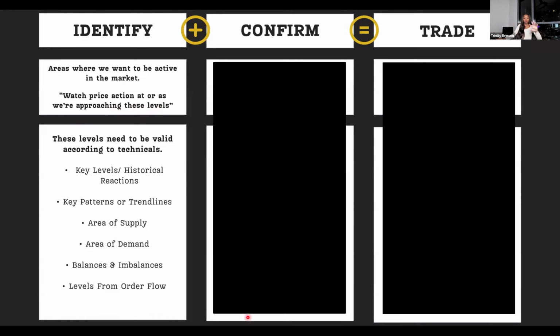And those levels that we just learned yesterday and today: key levels, historical reactions, or support resistance, simple patterns or trend lines, supply, demand, balances and imbalances, or levels from order flow. If you want to learn more about order flow, I have a video in the Discord. But for now, this is that first part of the formula. Keep in mind, this is just areas where we want to potentially be active in the market.